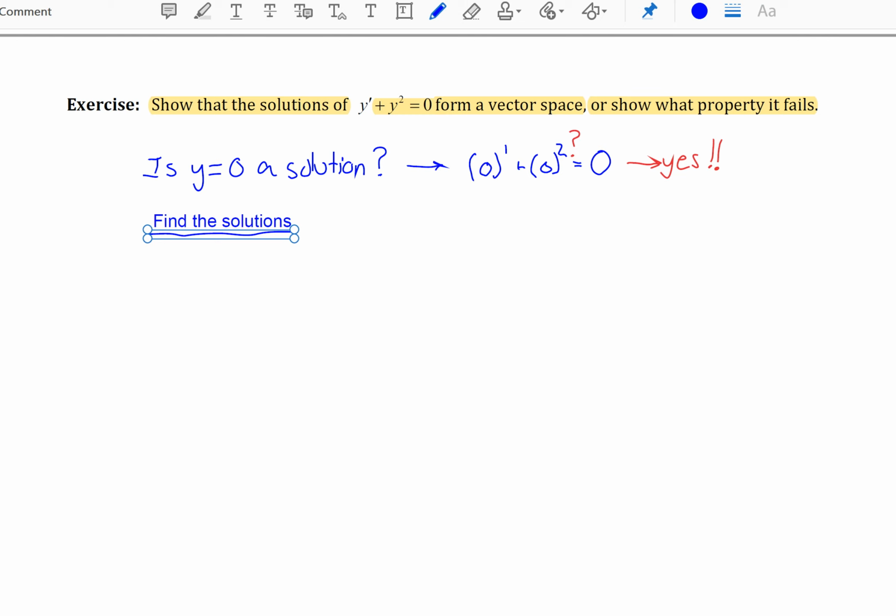And I'm going to use separation of variables again. So I'm going to write this as dy dt equals, I'll move the y squared over to get negative y squared. And we can separate our variables dividing by y squared, multiply to get the dt on the right-hand side. Now, of course, I'm going to want to find the antiderivative, but I think it'll be easier if we rewrite this with a negative exponent.